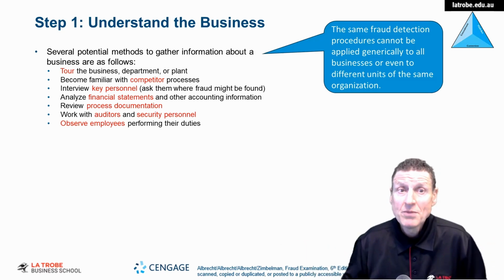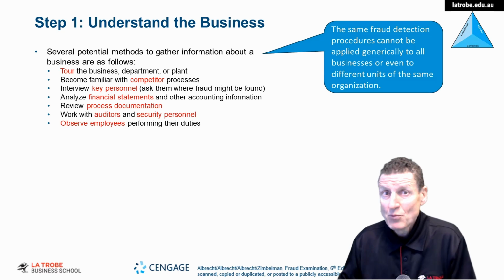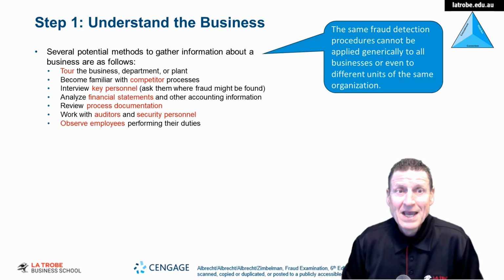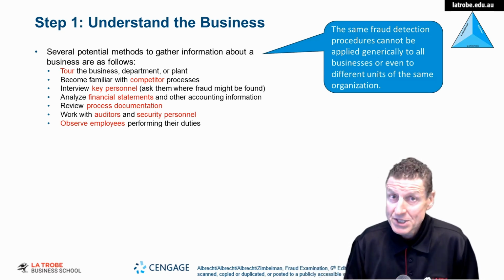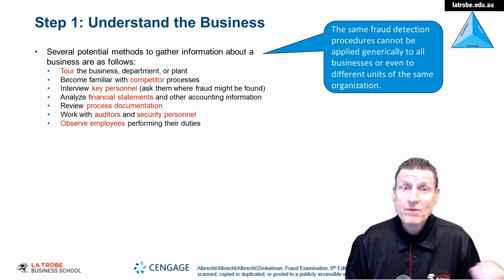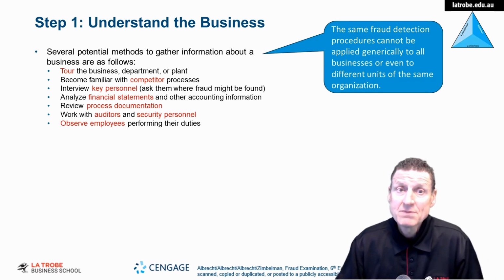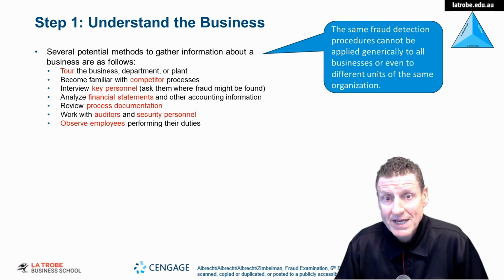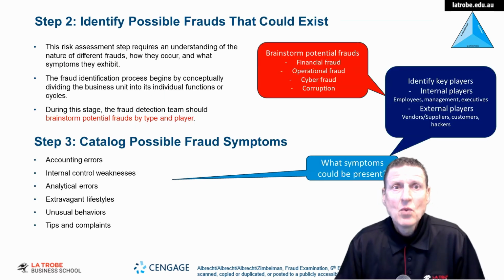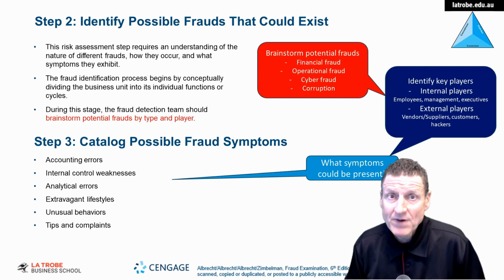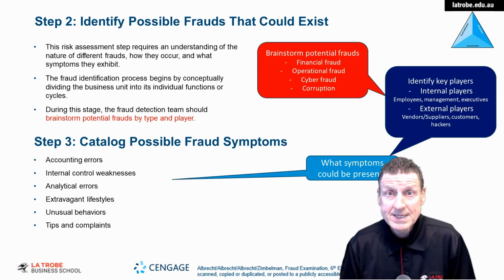Interview key personnel, analyze the financial statements. We can get AI to help you with that. We can review process documentation and work with auditors and security personnel and observe employees performing their duties.